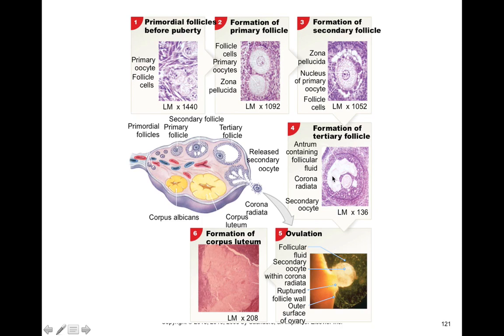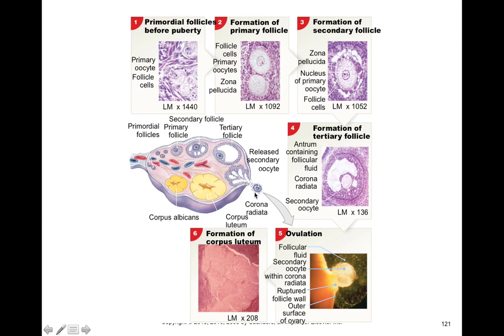Now, this tertiary follicle contains the secondary oocyte, so it's almost fully developed, and this is the type of follicle that gets ovulated. At ovulation, this follicle moves closer to the surface of the ovary, where it fuses with the cortex of the ovary, and the egg gets expelled right here. So what's expelled is the secondary oocyte.